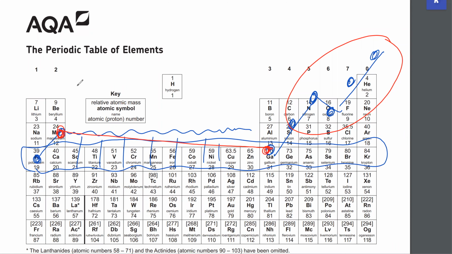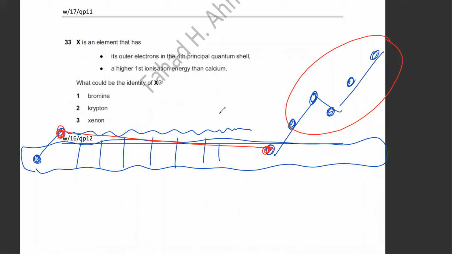So he was talking about having an ionization energy that is greater than calcium. So it could be any element: germanium, arsenic, selenium, bromine, and krypton. So the answer for this question is going to be bromine. Okay, that's one. What about the other one? So what else did we have?